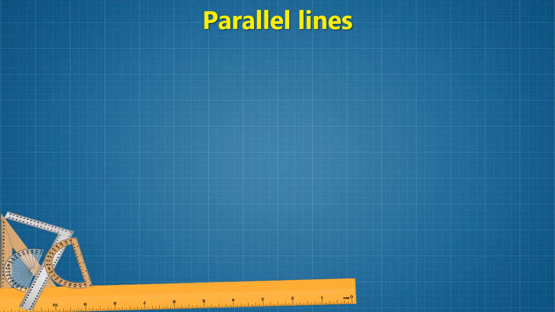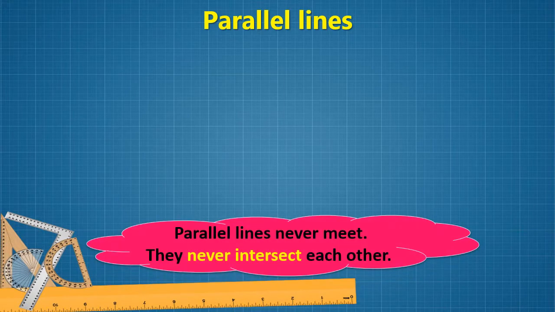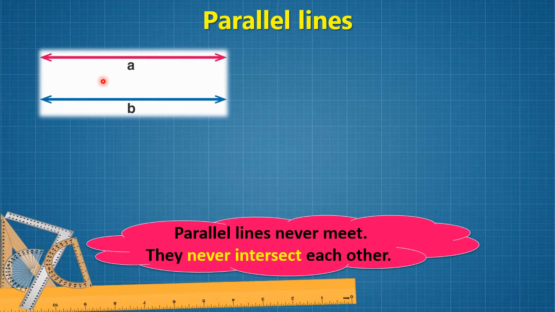Let us learn about parallel lines. Parallel lines never meet, they never intersect each other. For example, here you can see in the picture line A and line B are parallel to each other.